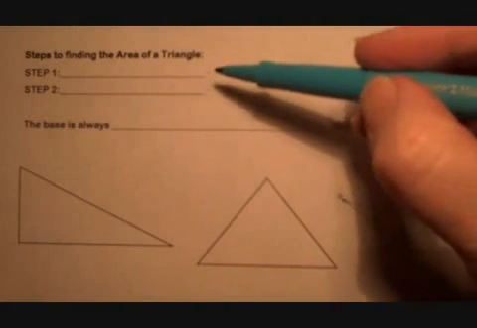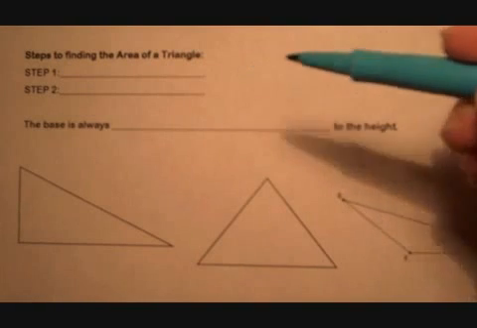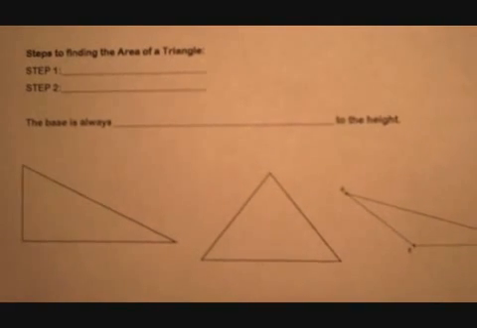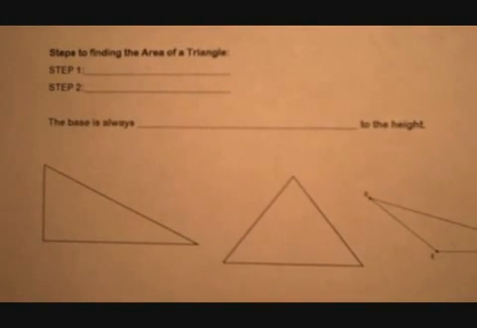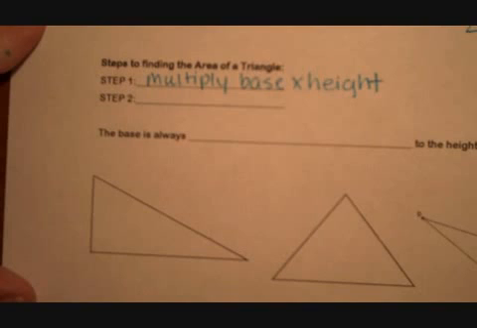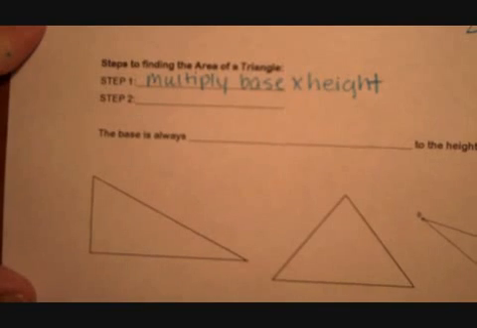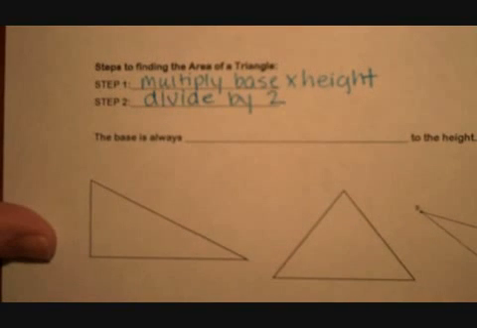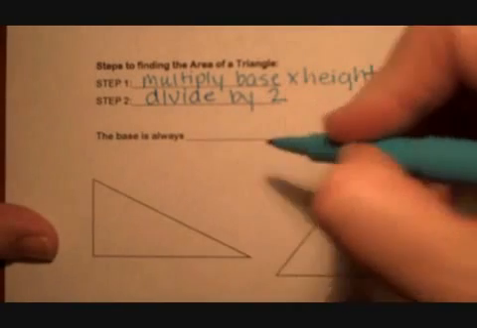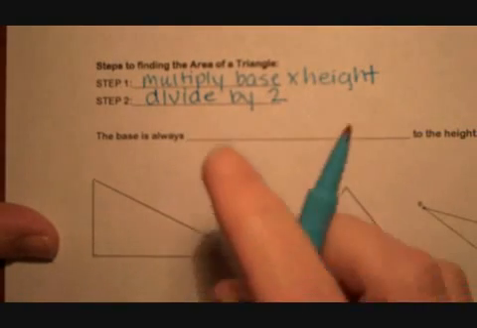Here we have the steps to find the area of a triangle. Step 1 is I need to multiply the base and the height. Step 2 is I need to divide that product by 2. And one important feature is that the base is always perpendicular to the height.